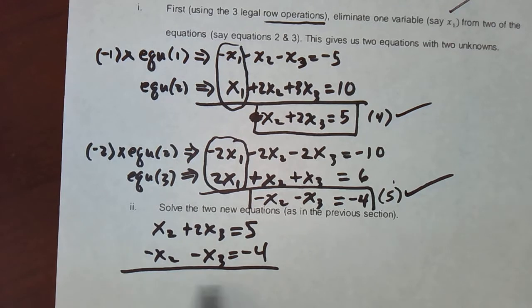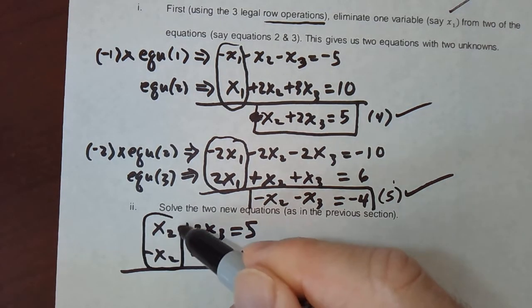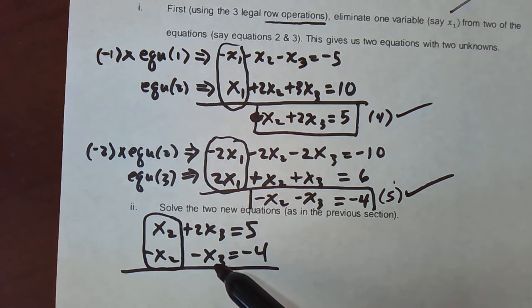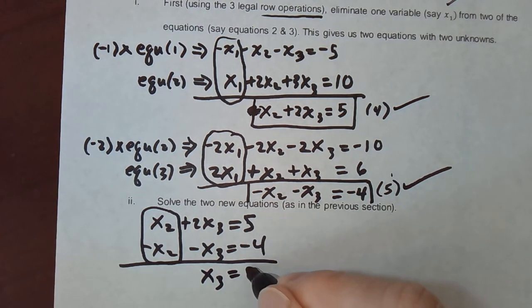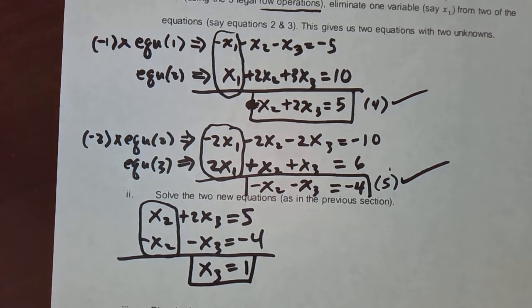So when we add these two together, x2 is going to cancel out to be 0. And we'll get 2x3 minus x3, which is 1x3, just x3, equals 5 and negative 4 is 1. So now we already know one of the 3 variables that we need to be solved.